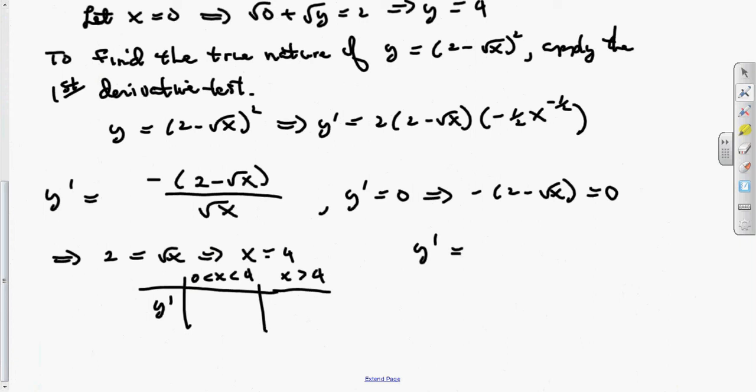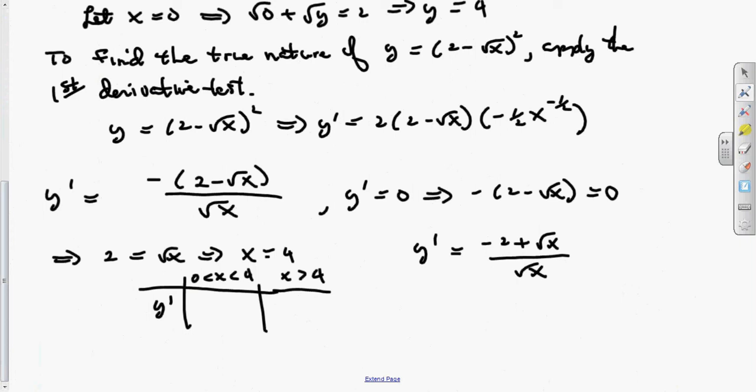Y prime is negative 2 plus the square root of x over the square root of x. I'm only checking the sign of the numerator. From 0 to positive infinity, the square root of x is positive, not including 0.